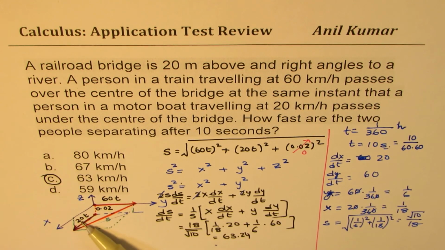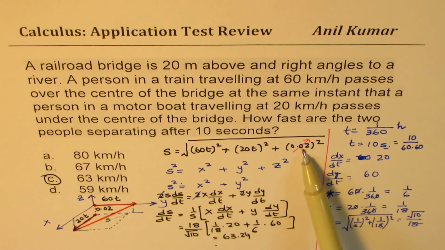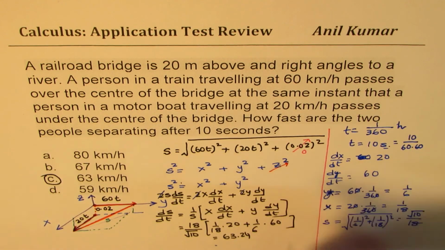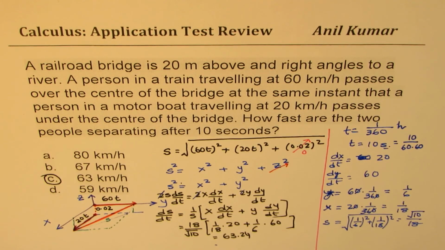Separation between these two is going to be the square root of the sum of these three squares. Now since the height is very small, we have neglected that. That's the whole idea, right? And then we have solved it like a 2D problem. We have neglected this part since that is not making a major difference.